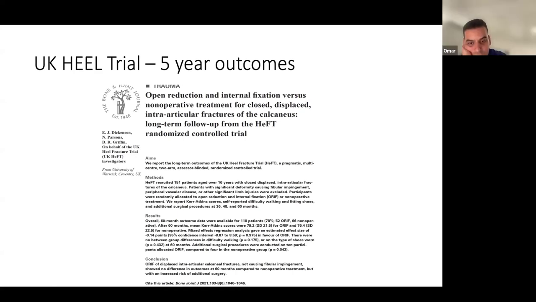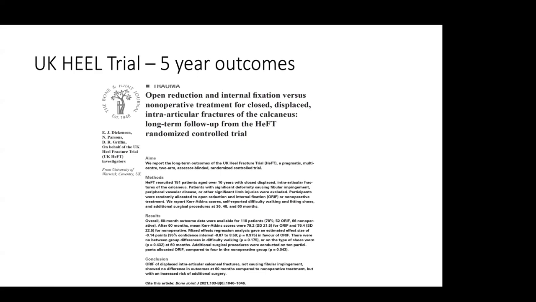I agree. I think you should say some good things as well. So in terms of methodology, they had clear inclusion criteria for the patients. It's not well explained here, but they explicitly mentioned intra-articular fracture of the calcaneus with significant deformity and fibular impingement, which is really specific.